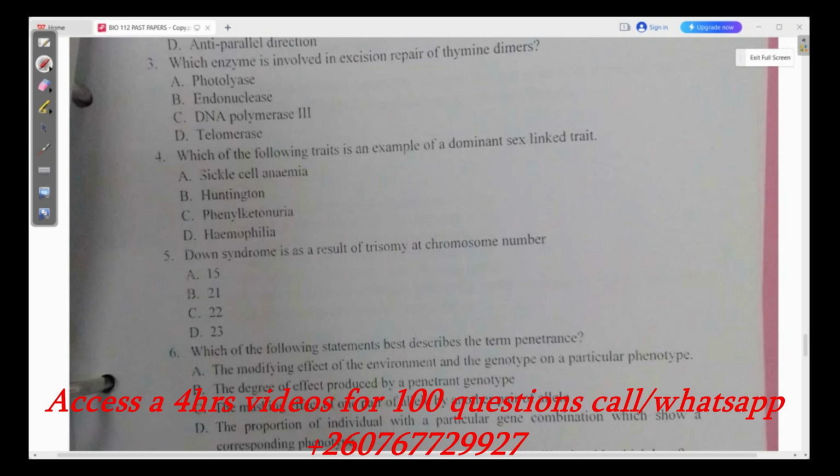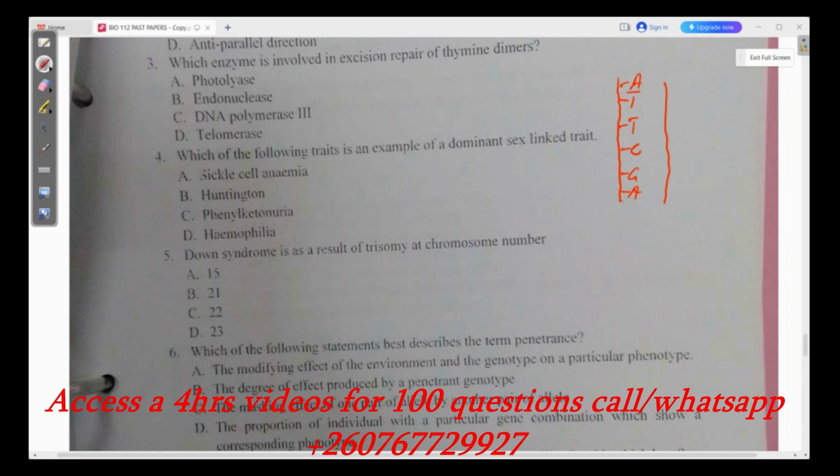Question 3 reads, which enzyme is involved in the excision repair of thymine dimers? So thymine dimers, this is all about DNA. So we have got these two strands. So a dimer, let's say you have thymine there, then adenine, another thymine, then cytosine, guanine, say adenine.